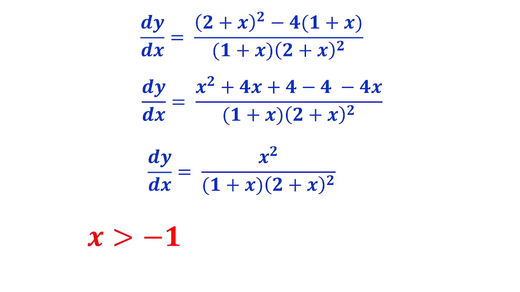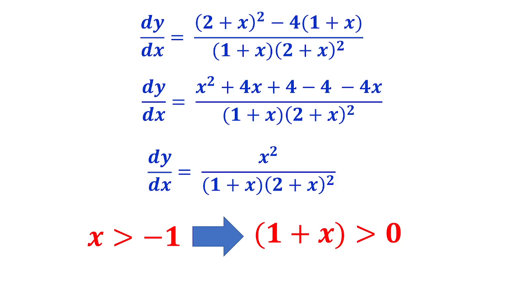Now check out, in the given question it is given that x is greater than minus 1. Check the question. Condition is x is greater than minus 1. Therefore, 1 plus x which is there in the denominator is always greater than 0. Because when you find this dy by dx, it is having 3 terms. x square cannot be less than 0. 2 plus x the whole square also cannot be less than 0 because it is always positive.